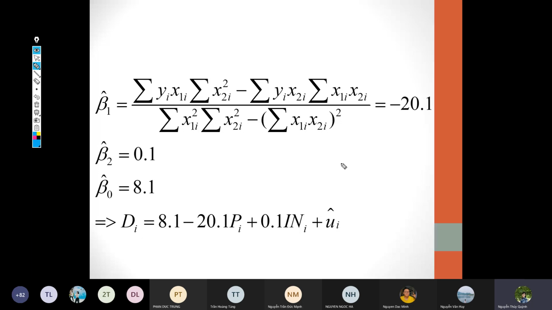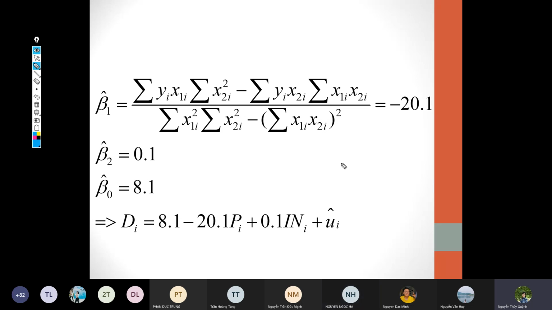How can we measure the precision of our OLS estimators? What is used to measure it? Do you remember? The variance and the standard deviation of our OLS estimators.